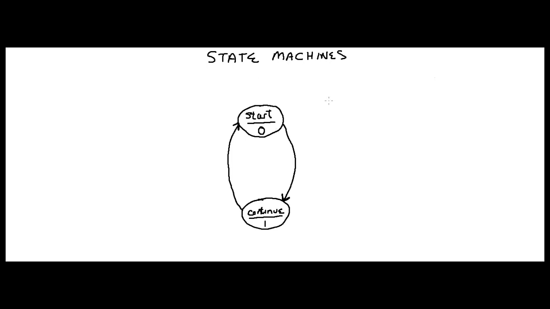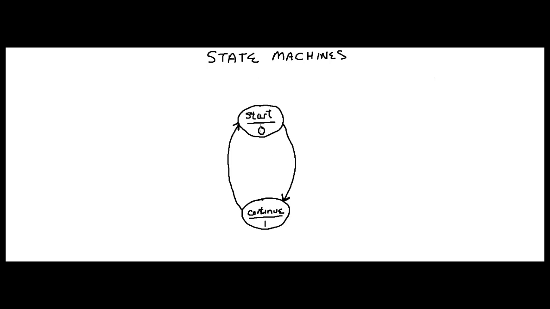So let's look at this. By the way, what is this? This is a state diagram. I just drew it for you. This initial state up here at the top has a name of start and a value.